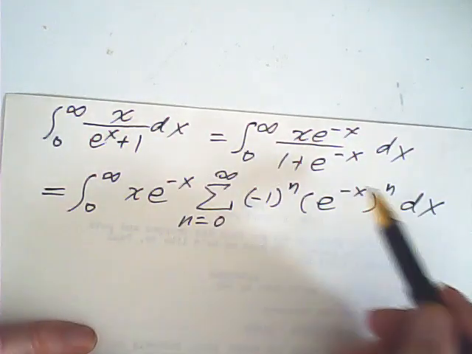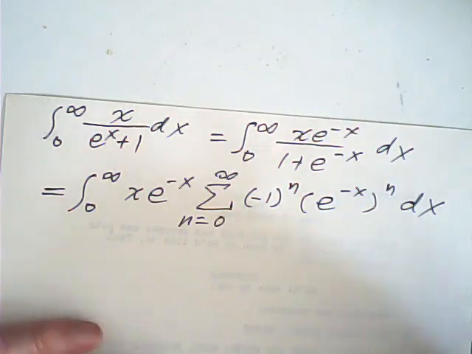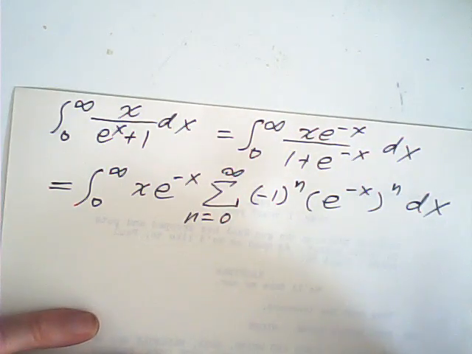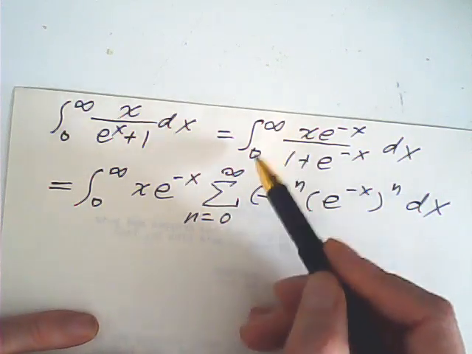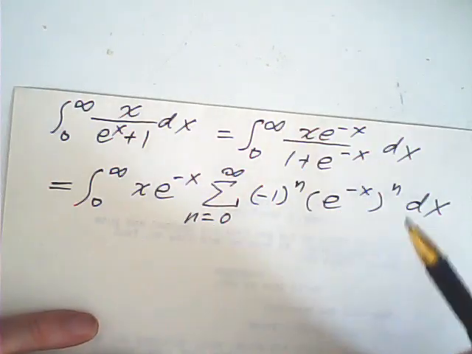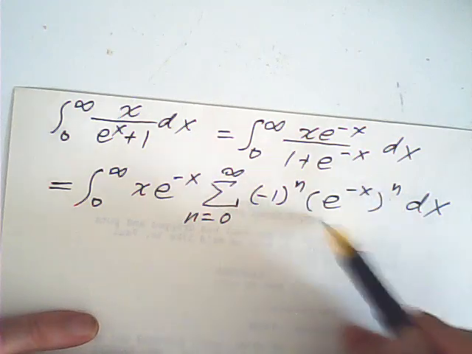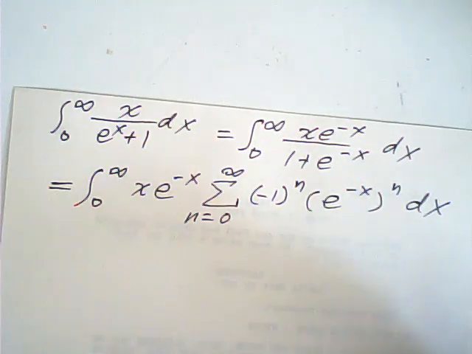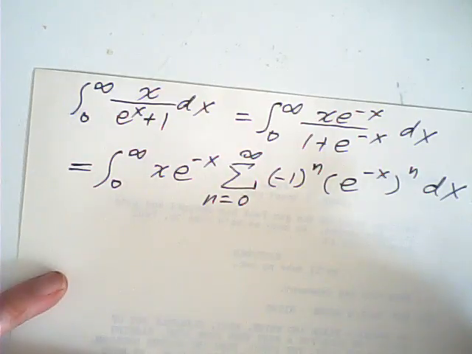That's the power series for 1 over 1 plus e to the negative x. Since x is between 0 and positive infinity, this is between 0 and 1, so that expansion should be okay.